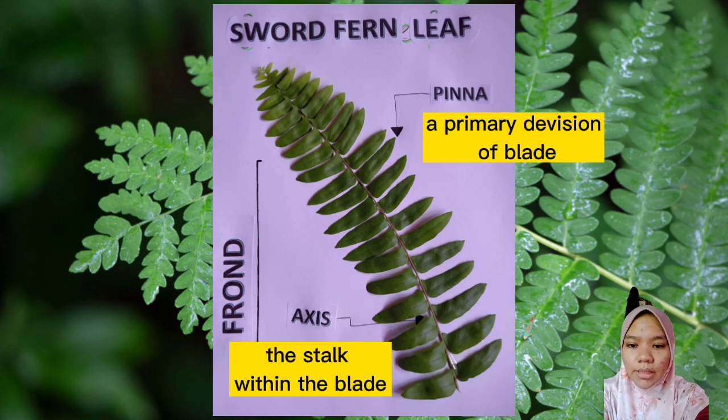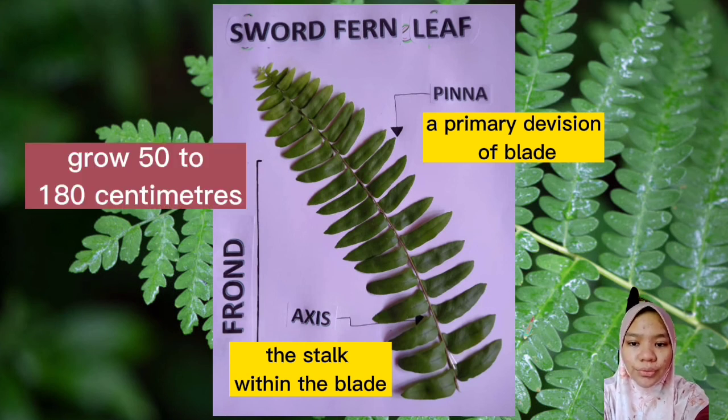From this picture, the dark green fronds of this fern grow 15 to 180 centimeters tall in a tight clump, spreading out radially from around the base. They are single pinnate with the pinnae alternating on the stalk.